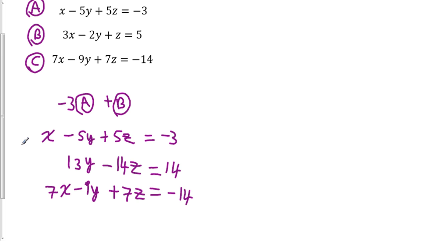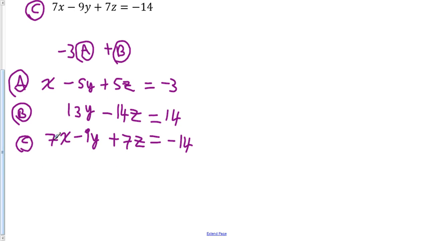So I still have this top row, which I'm calling equation A, the middle row I'm calling equation B, and the bottom row C. All right, now I'm going to eliminate x from the third equation by multiplying the top equation by negative 7. So I'll have negative 7 times equation A plus equation C now. All right, let's see what that yields.